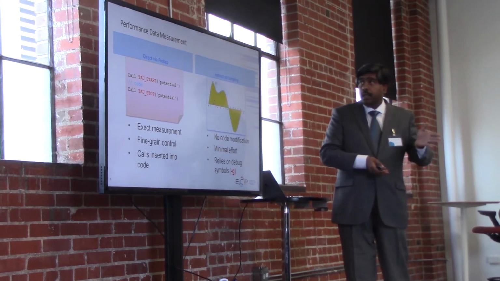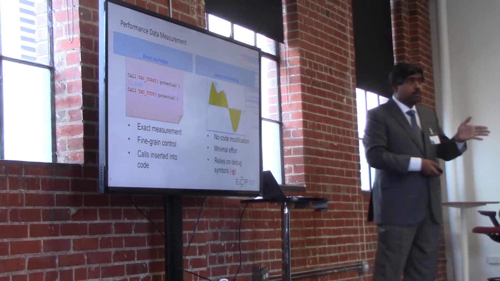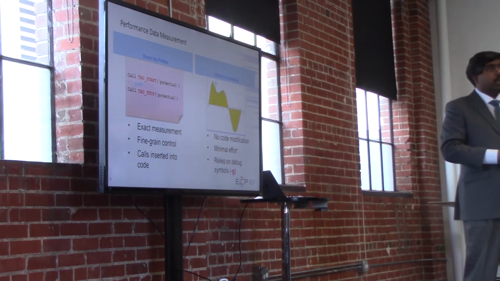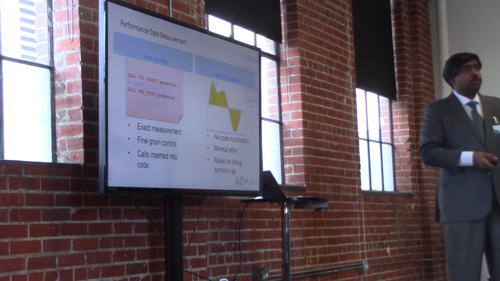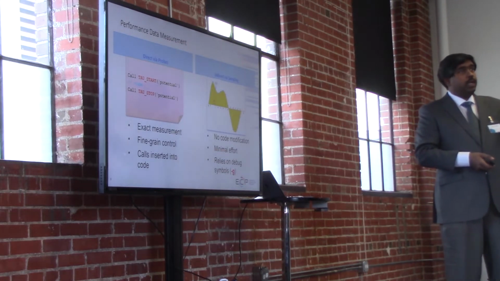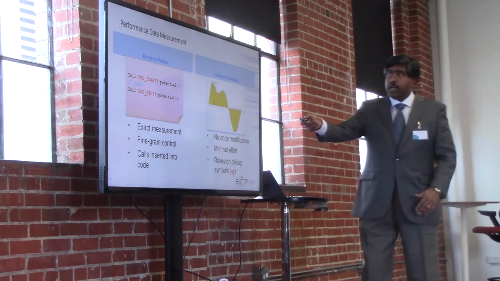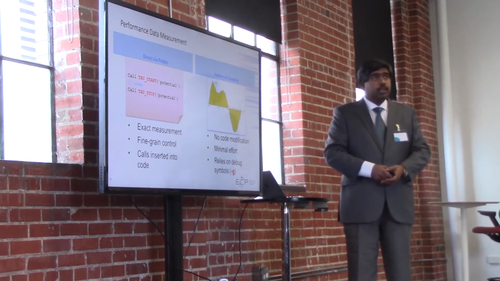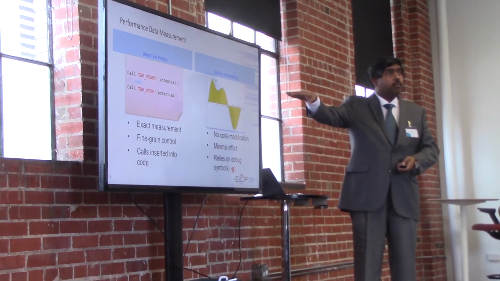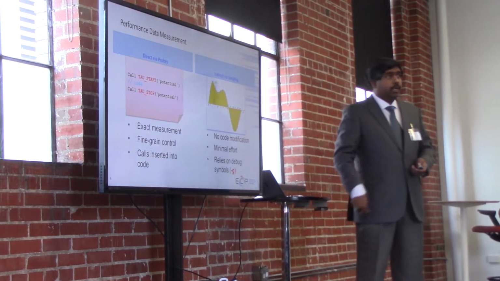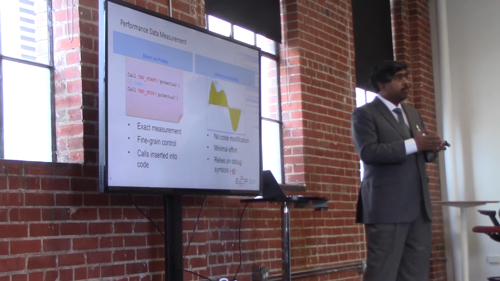One is directly using probes, where entry and exit are measured based on an instrumentation hook in your code. So there is an explicit call to a start routine at the entry of a function and a stop routine for that code region. And then we also support sampling, where you take an interrupt periodically.